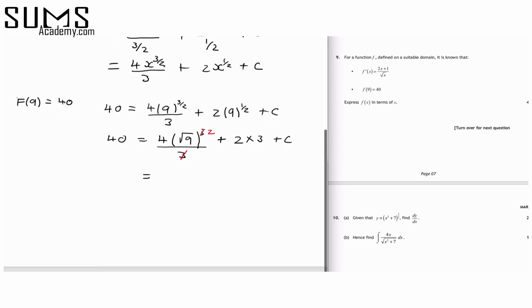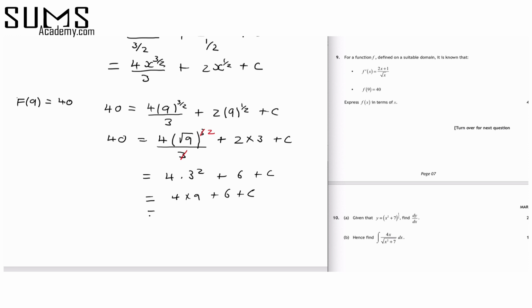So this actually becomes 4 times, and we know the square root of 9 is 3, 3 squared, plus 2 times 3, which is just 6, plus c. So this becomes 4 times 9 plus 6 plus c.